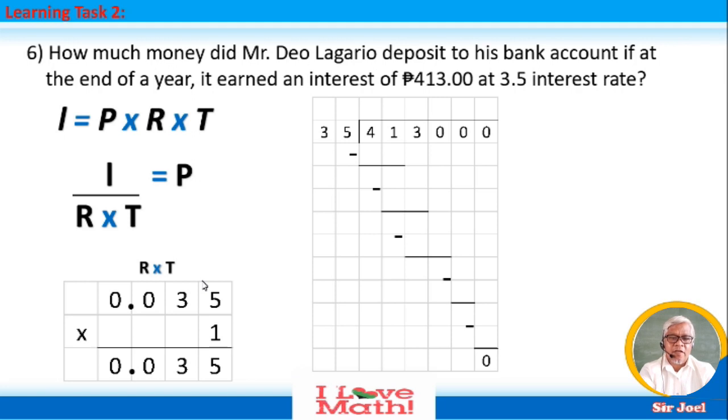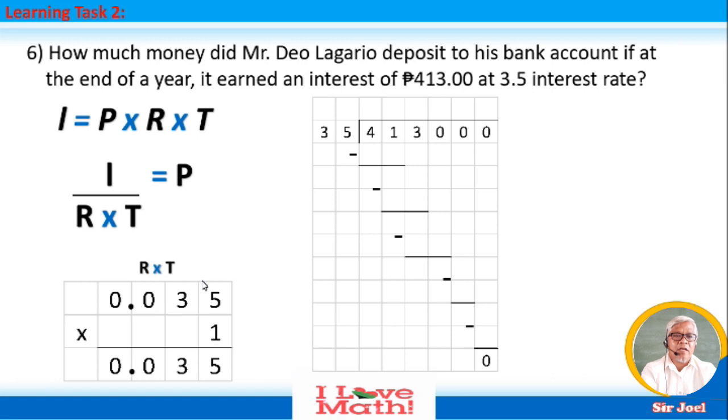Dito, i-move na natin, di ba? Instead na 0.035, i-move na ng sir ng 3 places to the right. Kaya yung 413, if you notice, naging 413,000. Okay? So, again, 0.035, i-move ng 3 places to the right. So, sa loob, mag-move ka rin 3 places to the right.